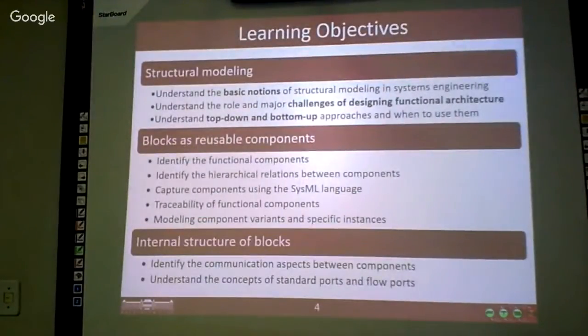So we will learn the basic notations, basic building blocks of SysML, and we will mainly focus on the block structure.